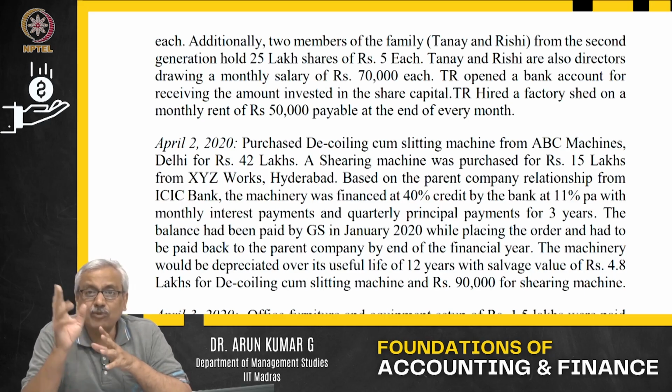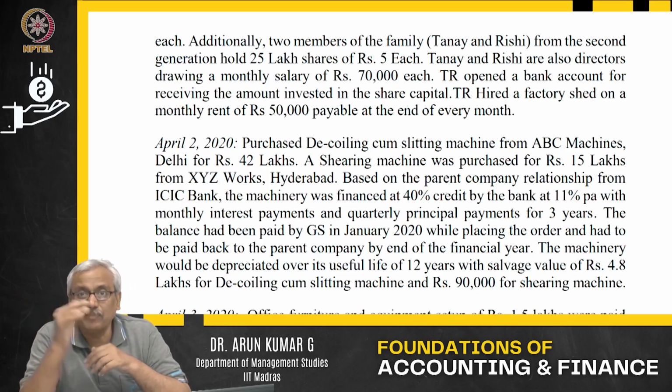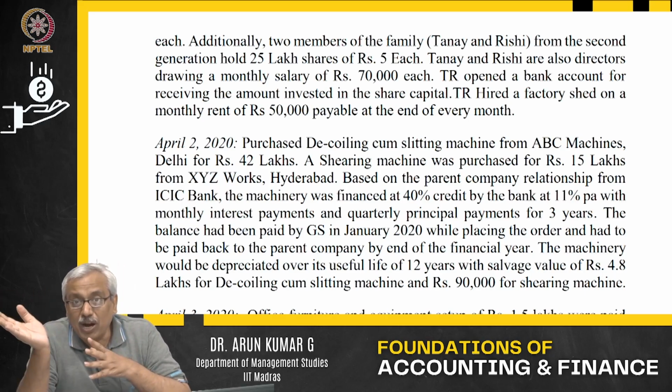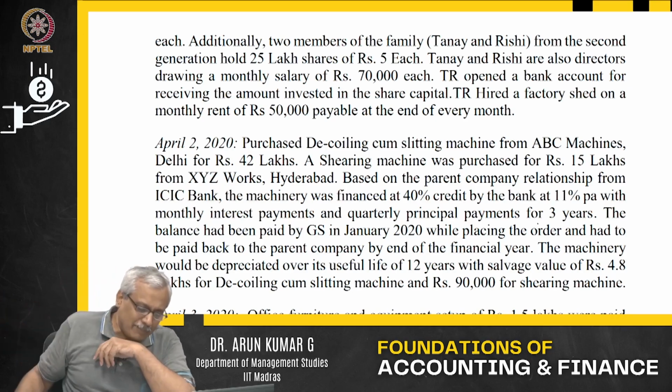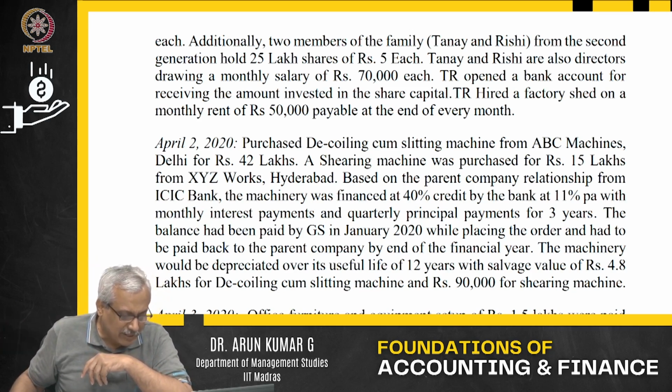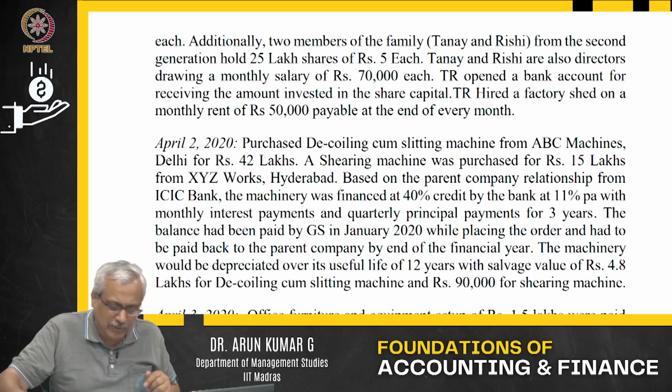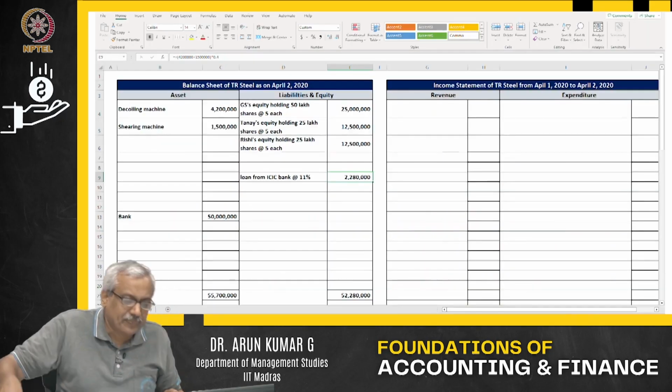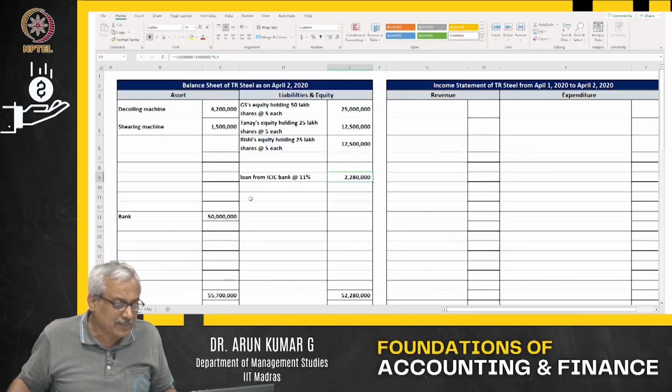The balance money was given by whom? By the parent company. That means you have to give the money back to the parent company. That means what? That is a liability. You owe the money back to the parent company to the extent of about 60% of it.